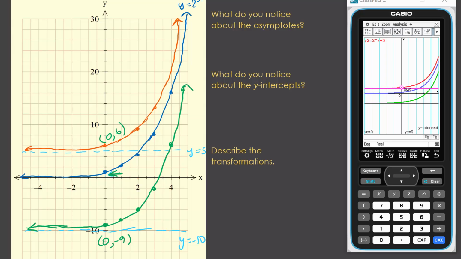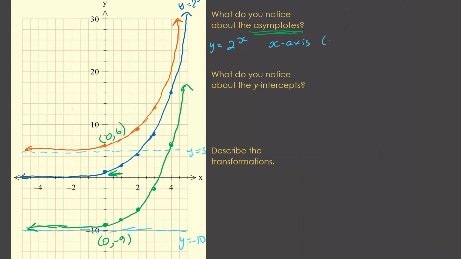So what do we notice about the asymptotes? They just move. So for 2 to the x, it's the x-axis, which remember is y equals 0. For y equals 2 to the x plus 5, it was the line y equals 5.